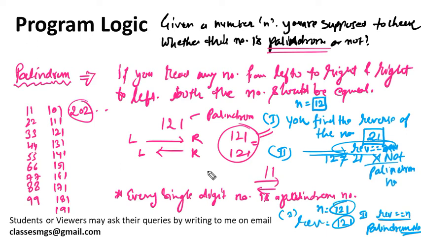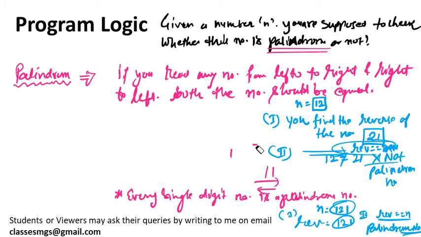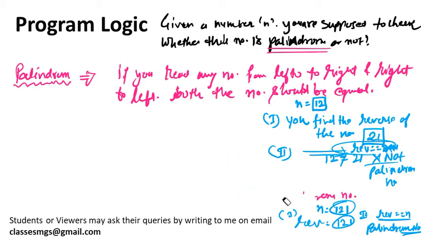How can we reverse any number? Essentially we need to solve two problems here. The first problem is how to calculate the reverse of a number, because this is also a complete problem by itself. I am going to solve this problem first, and then you will check whether the two numbers are equal or not.